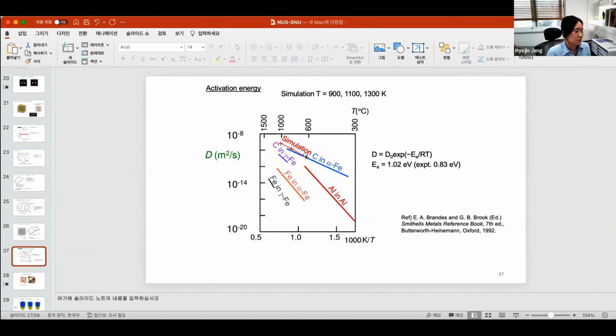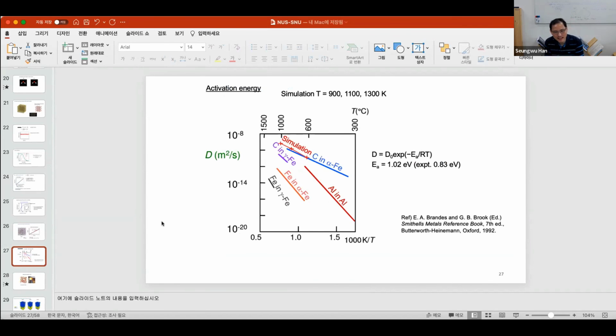Yeah, I totally agree. Everything you blame on the classical potential. This is the empirical potential. Of course, even if you employ density functional theory, you can still have deviation from the experiment.